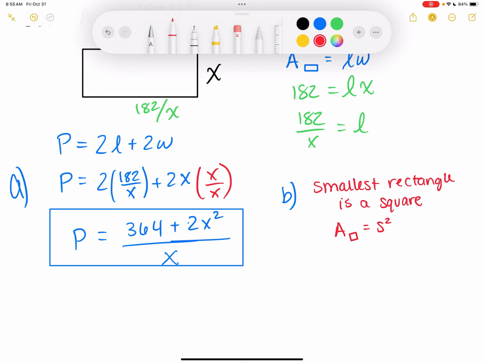So I can take the area and take the square root of it because then that'll give me the side of a square. So we're gonna take our 182 and take the square root of it, and that's gonna be equal to my side. And when I do that, the square root of 182 is equal to 13.5.